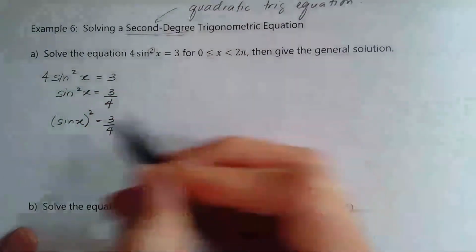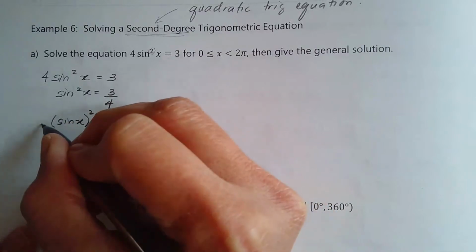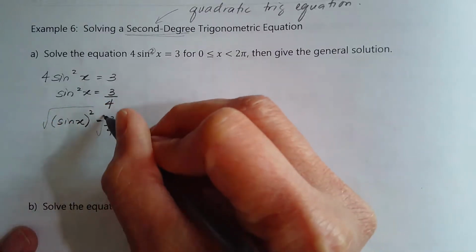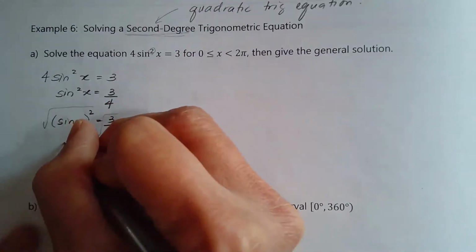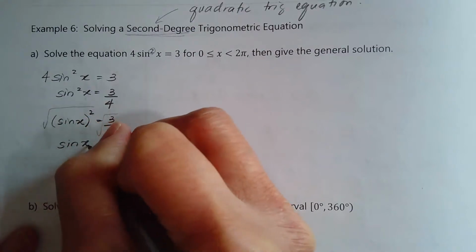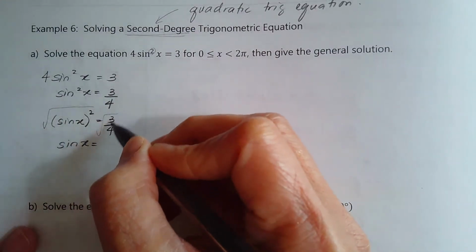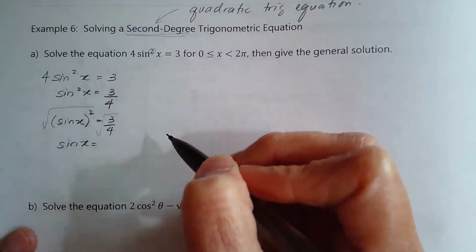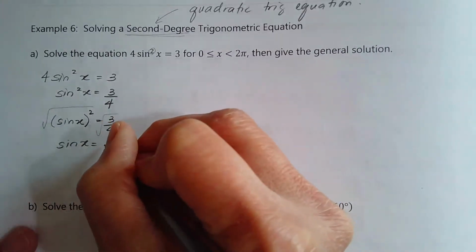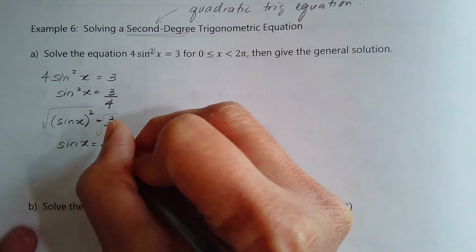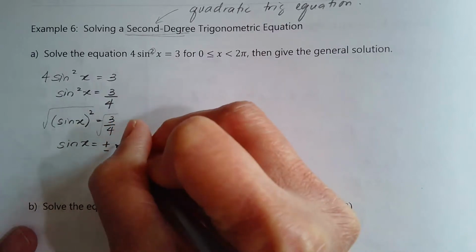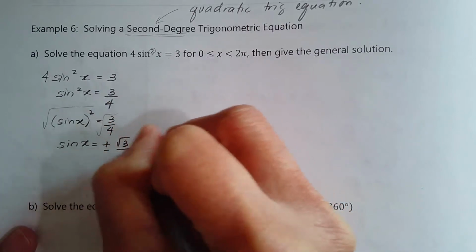To get rid of the square, we take the square root. So sine of x equals, if I take the square root of 3/4, this is going to give us plus and minus values, so plus and minus root 3 over 2.